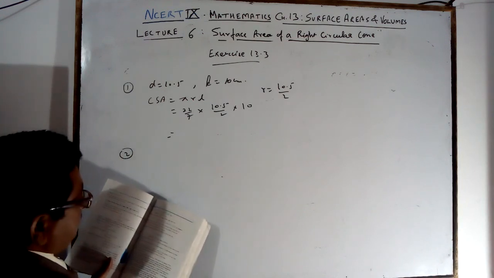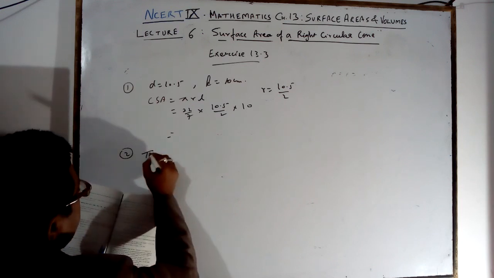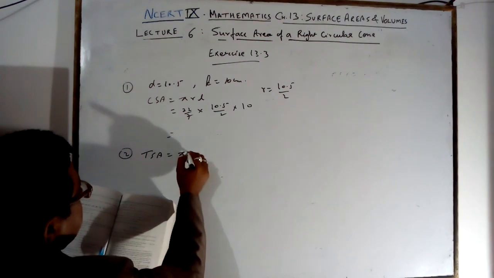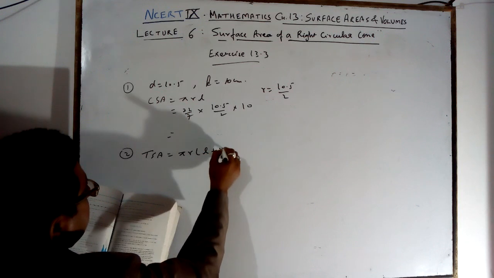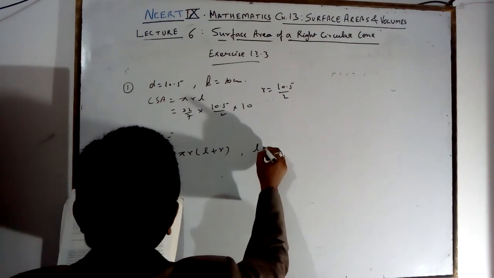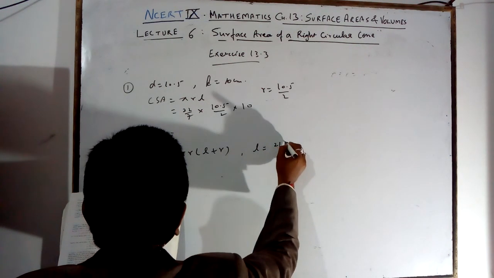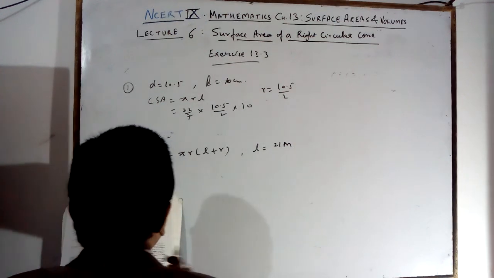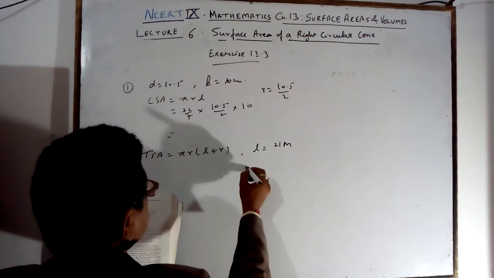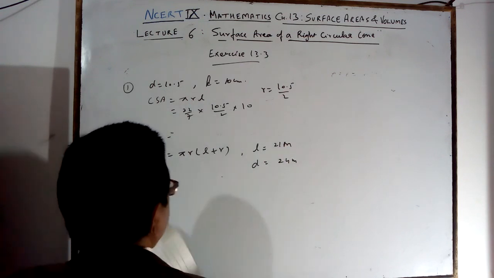Question number 2. Find the total surface area. You want to find out TSA, in this case pi r times l plus r. What is given in this question? The slant height l is given as 21 meter, and the diameter of its base is given as 24 meter.